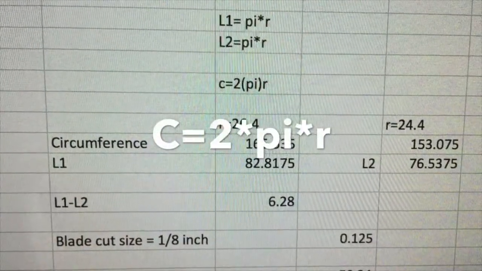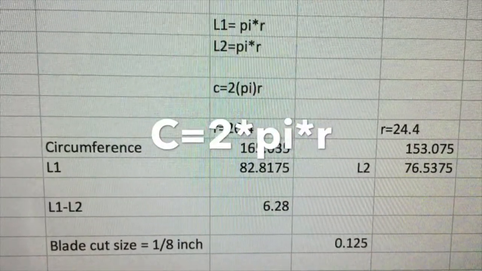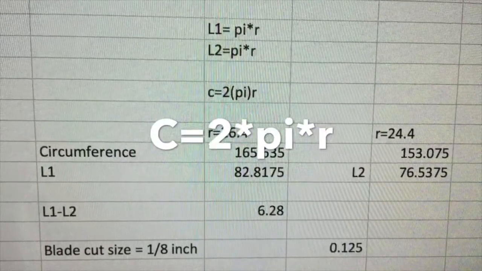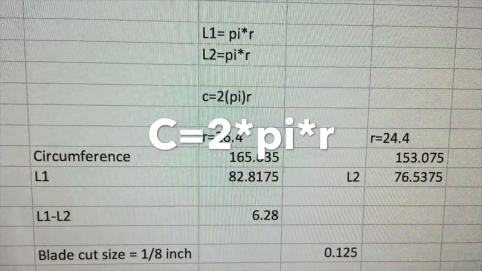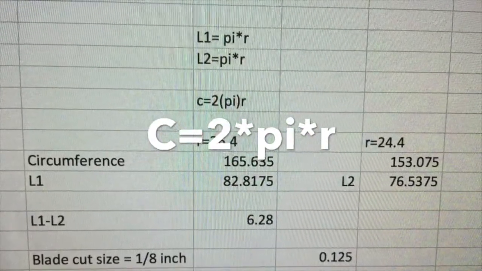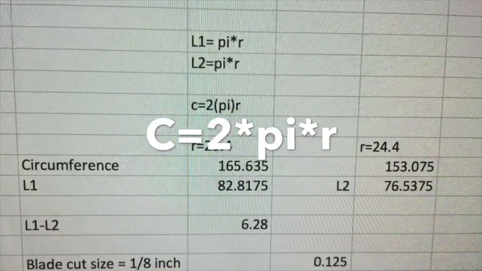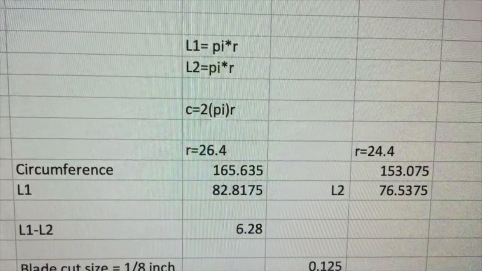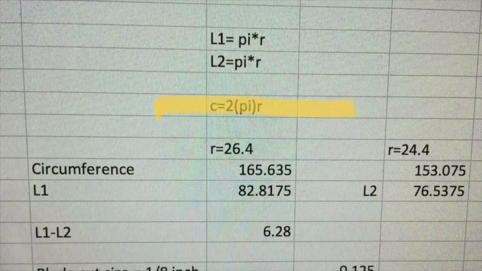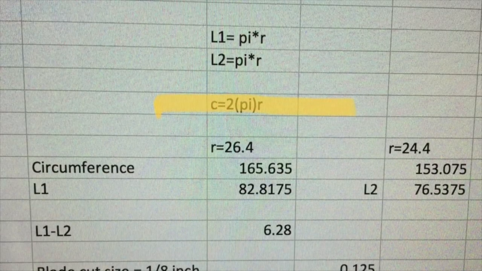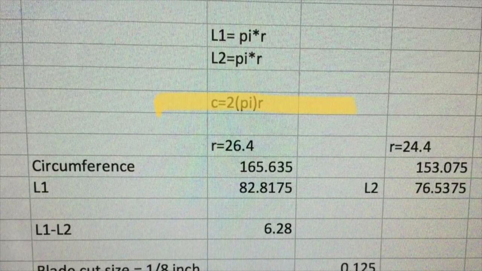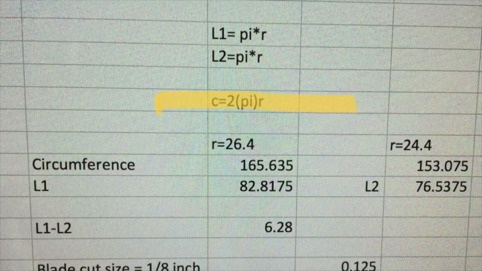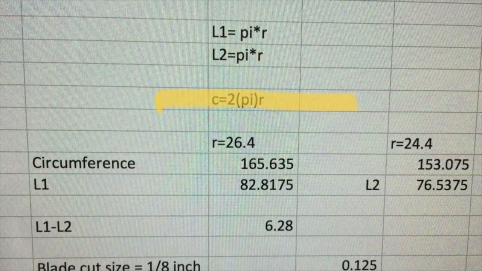So let's start with the formula for calculating the circumference of a circle, which is 2 times pi times r. You can see that I have highlighted that formula in the middle of the screen. And of course, pi is basically equal to 3.14.